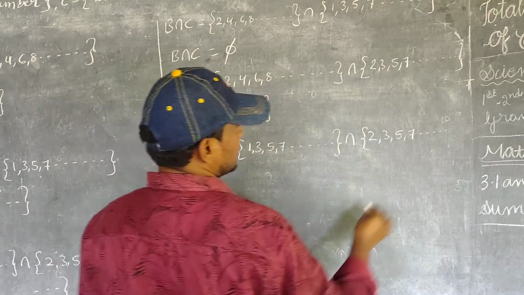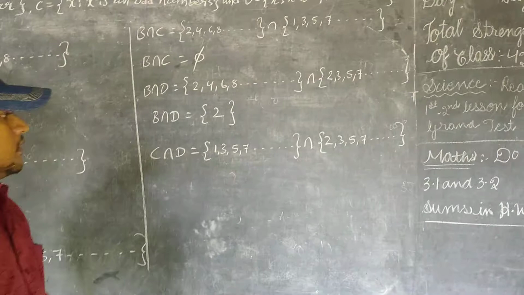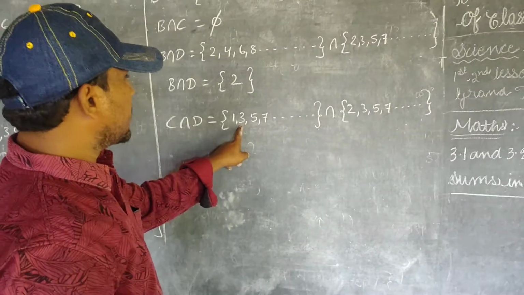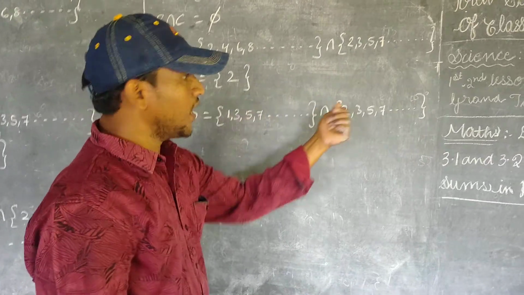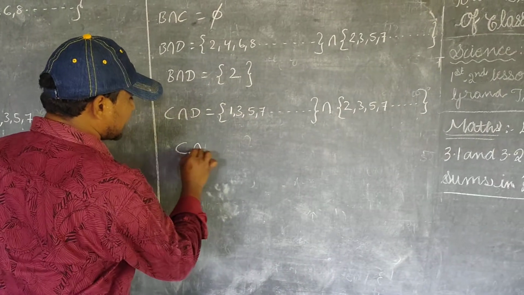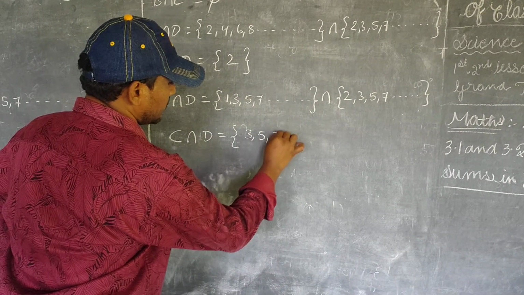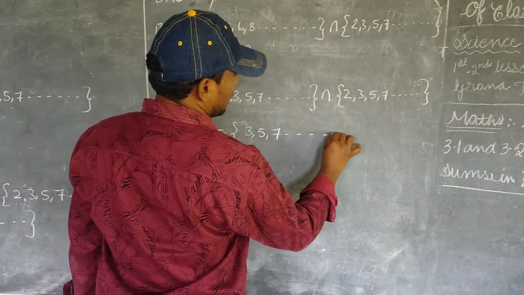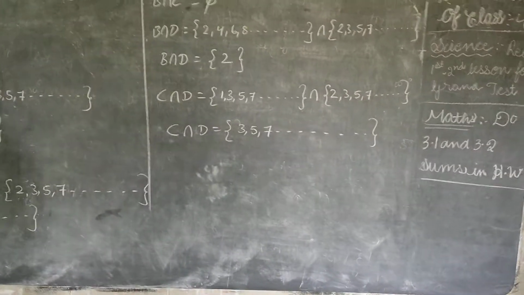The common elements are 3, 5, 7 and so on. So C intersection D is equal to 3, 5, 7 and so on.